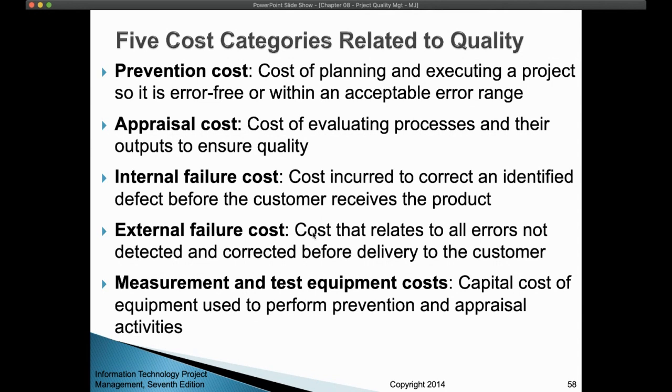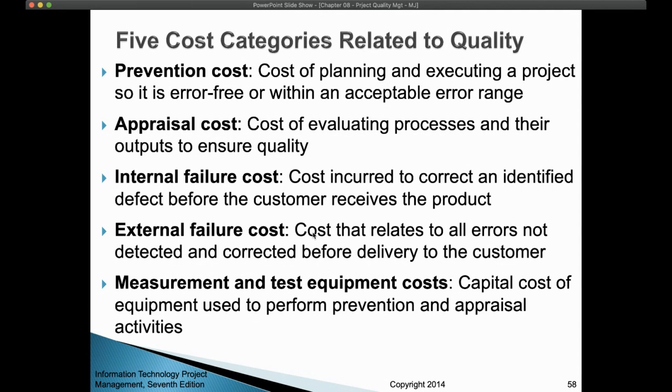So I fix it. Fixing it means, for example, changing this material, bringing some other good material, and fixing it in the brakes. So this is internal failure cost. The brakes failed in testing, but before I gave the car to my customer, so I fixed it. So the cost of fixing it is internal.